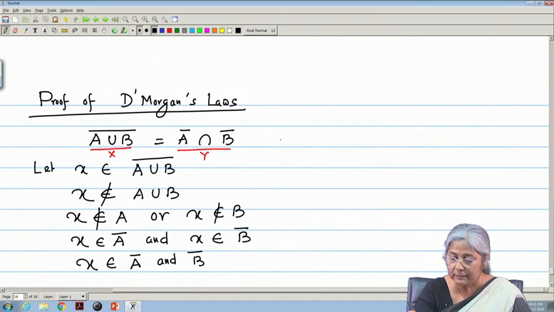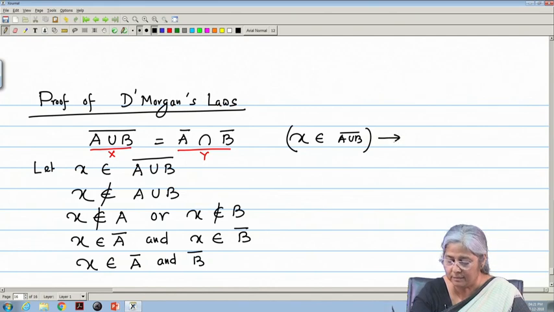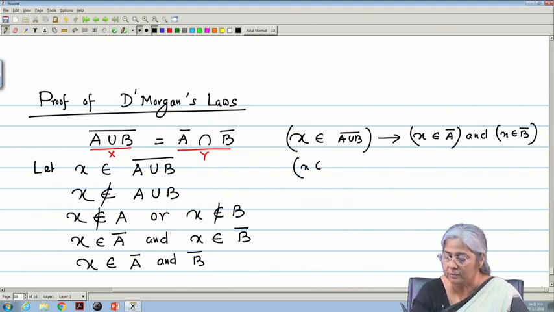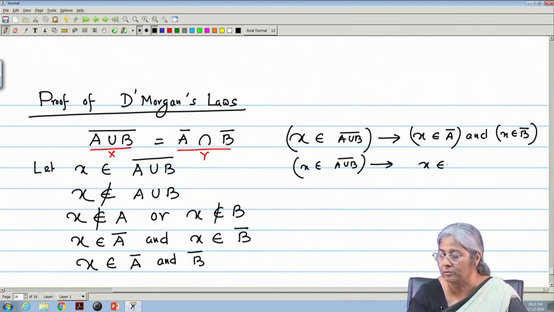So we can tell that when we have taken x belongs to complement of A union B, that implies x must be in A bar and x must be in B bar. That means x belongs to complement of A union B implies x belongs to A bar intersection B bar.